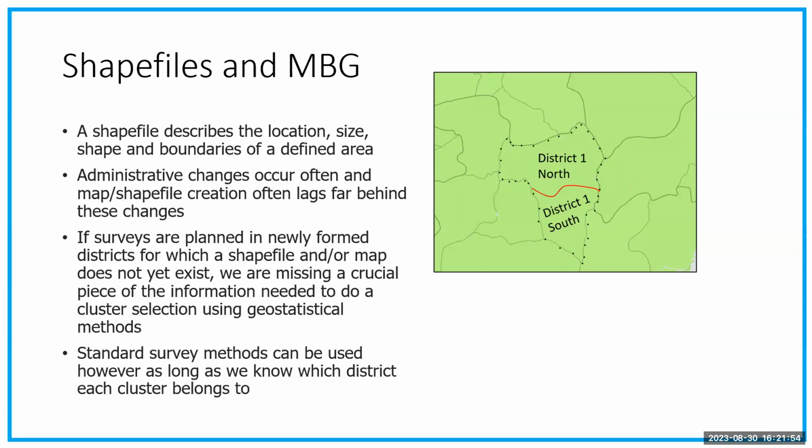Shapefile creation often lags far behind these changes, and if surveys are planned in newly formed districts for which a shapefile and/or a map does not yet exist, we are missing a crucial piece of the information needed to do a cluster selection using geostatistical methods. Standard survey methods can be used, however, as long as we know which district each cluster belongs to.